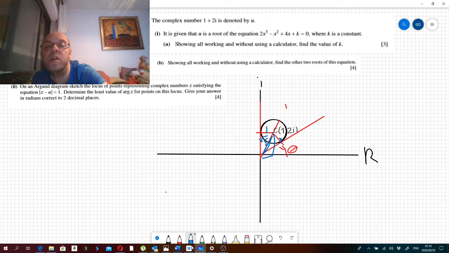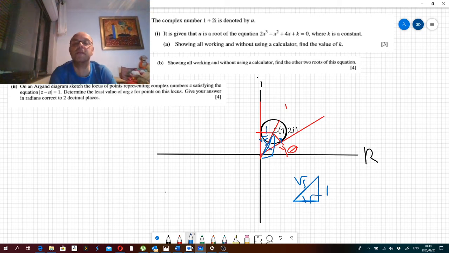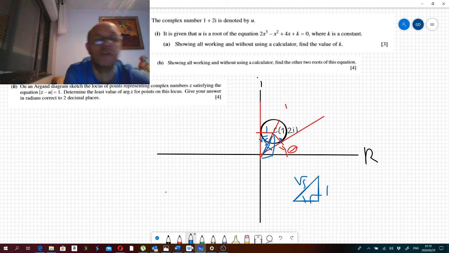So now we've got a 90-degree triangle, which I'm going to draw out here quickly, with a side of 1 and a hypotenuse of root 5, and we want to know this angle over here.